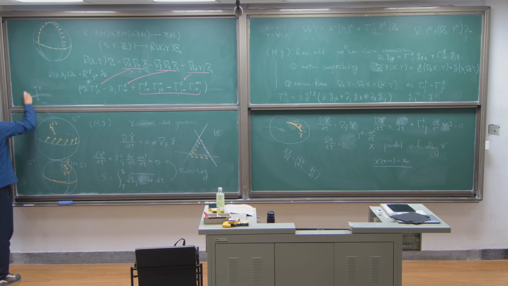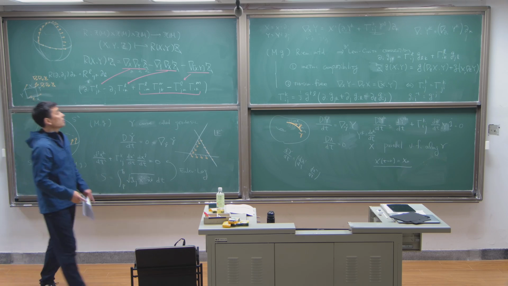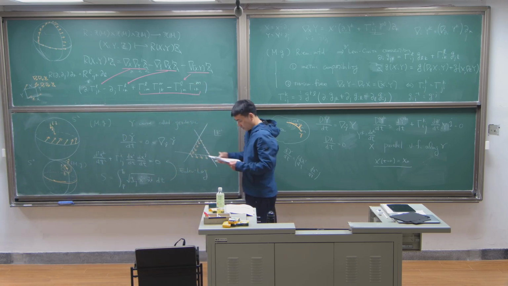Or you do y first, and then you come back to x. And if the space is curved, this parallel transport will give you a slight difference between them. So this is nabla y nabla x z, and here nabla x nabla y z, and then you just take the difference between them. It seems like something like that.